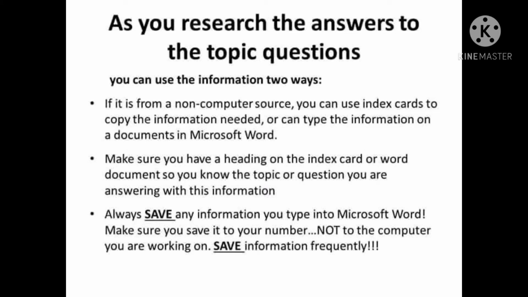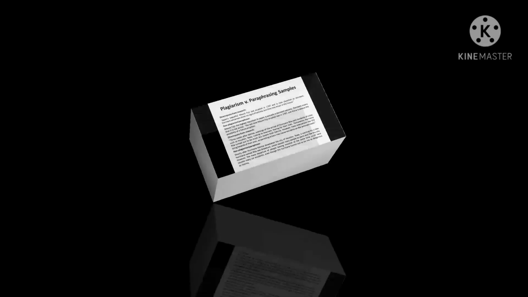Make sure you have a heading on an index card or Word document so you know the topic or question you are answering with this information. Always save any information you type into Microsoft Word. Make sure you save it to your drive, not to the computer you are working on. And save information frequently.